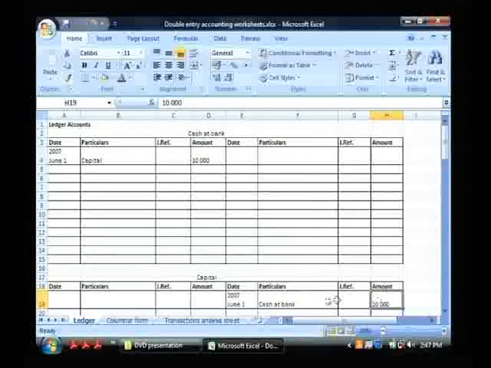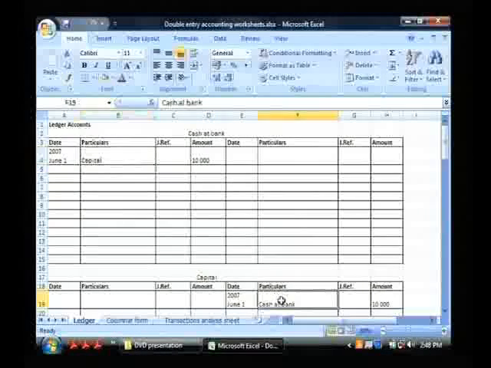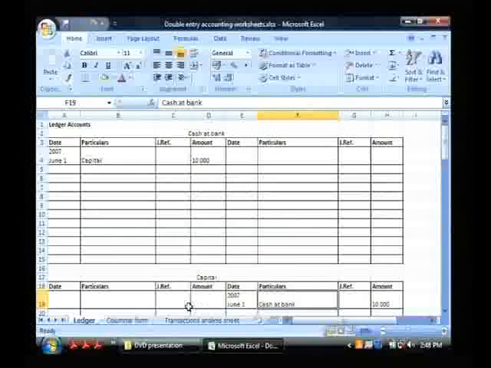This amount is taken from the cash at bank account. So in capital account we write cash at bank, and in cash at bank we write capital account. That is called corresponding accounts. We don't write any other details. Just write the title of the corresponding account. That is the first entry according to the transaction analysis chart.